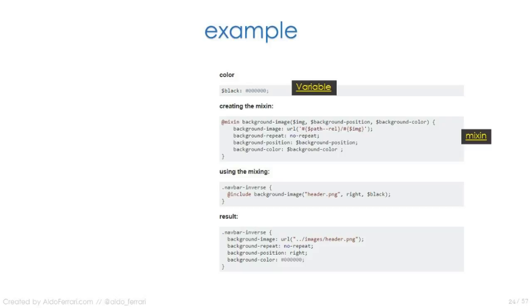The background image is called header.png, it's positioned on the right, and my color, one of my multiple variables, in that case is black. The result in your CSS is the last block you see. Even if it's a small example, you already see the benefit, because you can change the black variable with any color, and it will be reflected in your result and in your mixin.